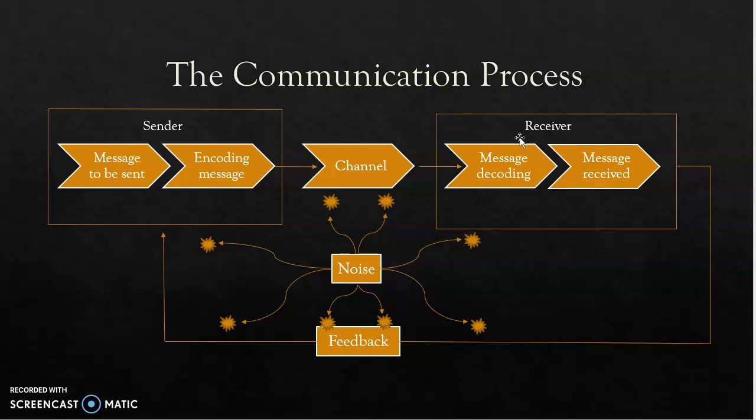Then they take that nugget and they encode it. They figure out how they want to communicate the thing they are trying to communicate, making it concise, making it deliverable. That is the encoding part of the message.